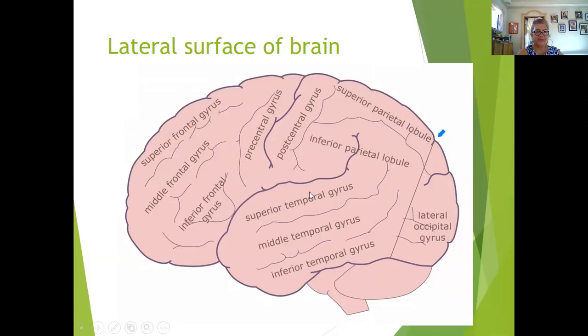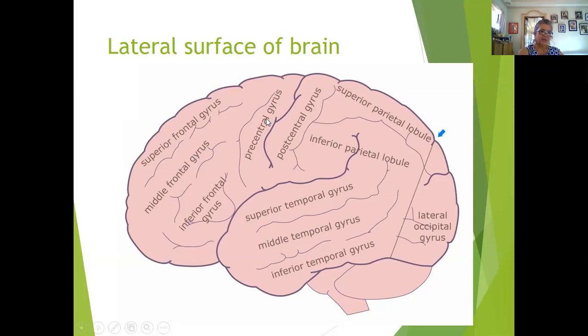So you have here the inferior, the temporal lobe. It has 3 gyri, and of course it has 2 sulci. Then you have your frontal lobe here.